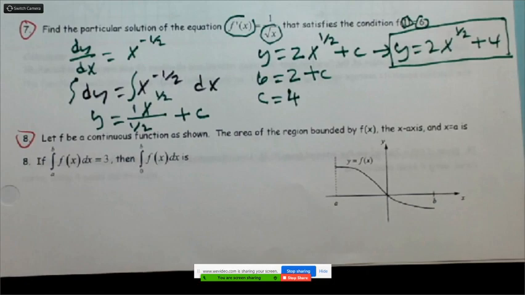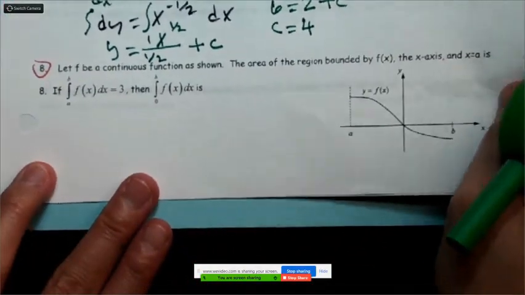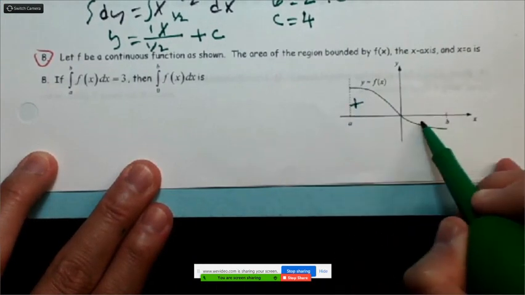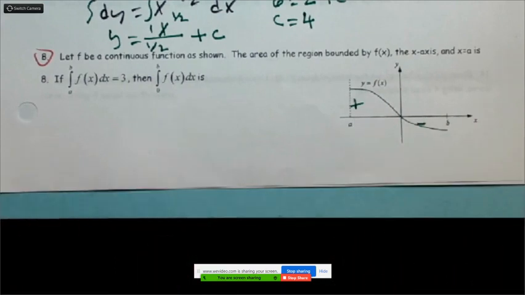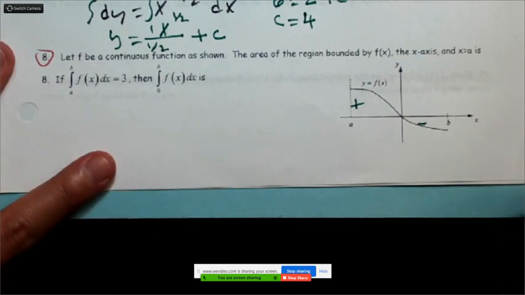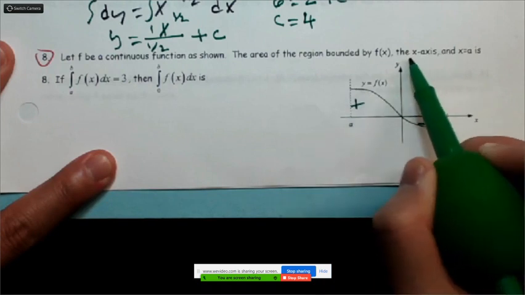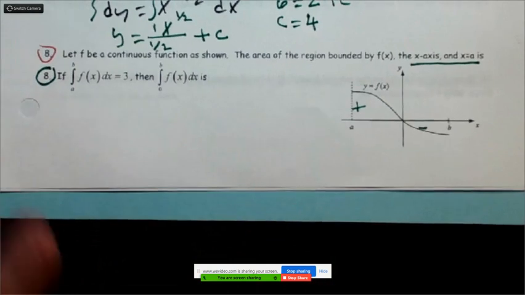All right. So I need to figure out the following. From A to B, my sum is 3. So we know on the top it's going to be positive. The bottom is going to be negative because we're going in the correct order. And let's see what information is given to us. Area of the region bounded by the function, the x-axis, they gave us some area.